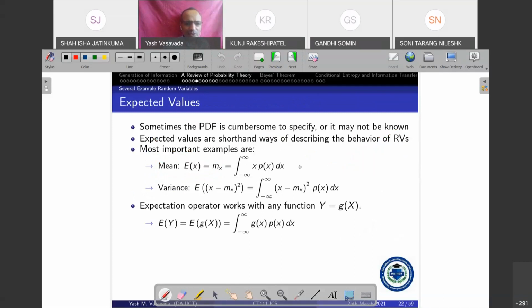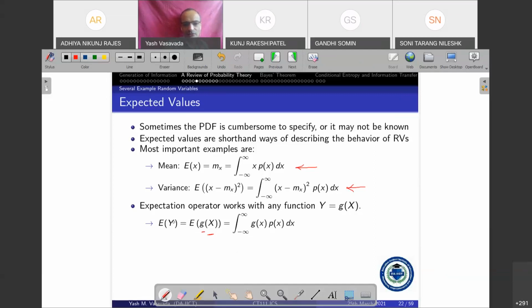Similar to the mean and the variance for discrete values, the mean and the variance for continuous values are defined in a quite analogous manner. Pretty much the only change is that the summation gets replaced by integration. If you have a random variable x and you pass it through some mathematical function g, which can be sine, cosine, square of x or cube root of x, it doesn't matter what g is as long as it is a mathematical function.